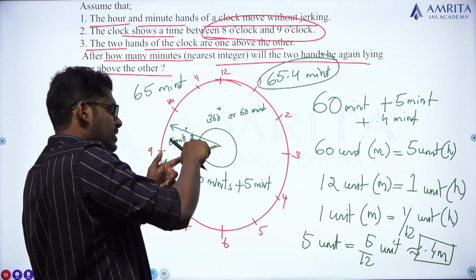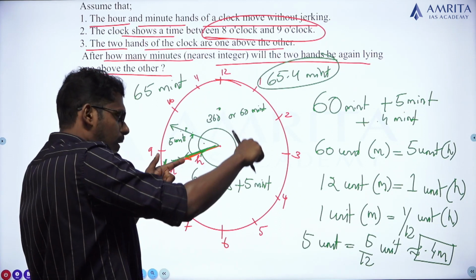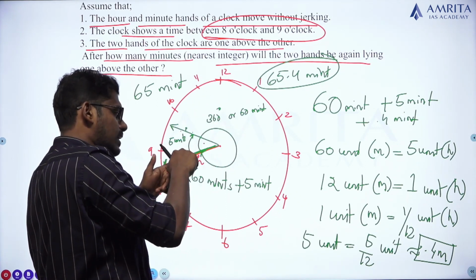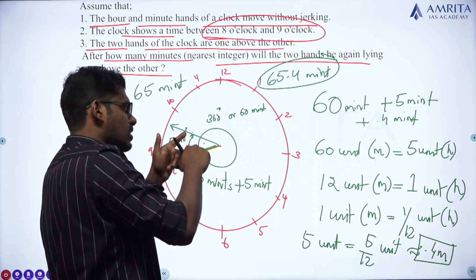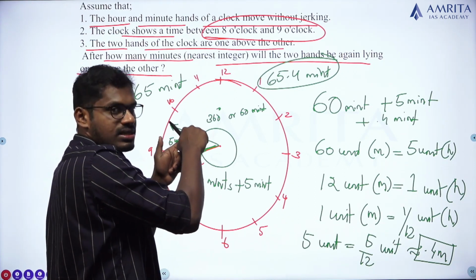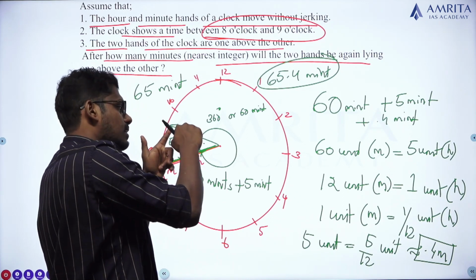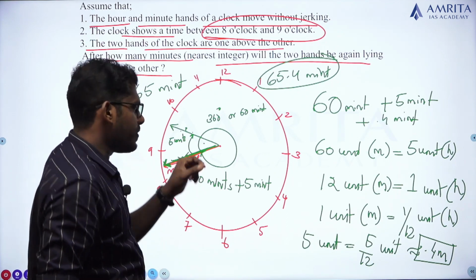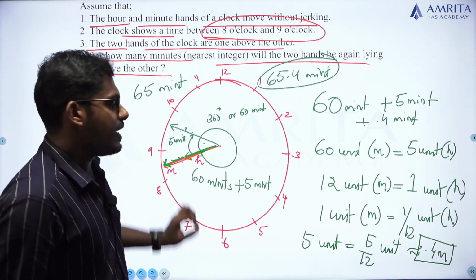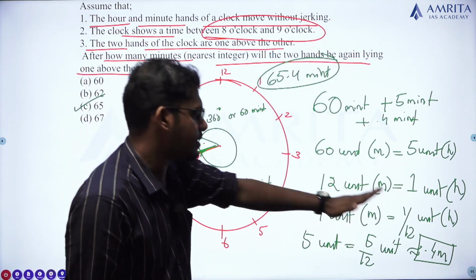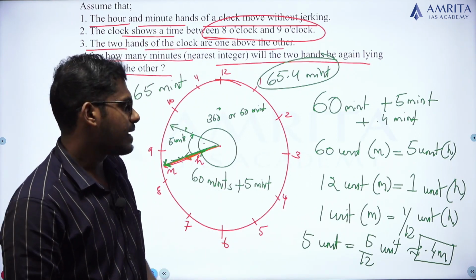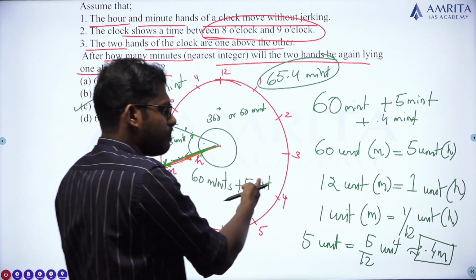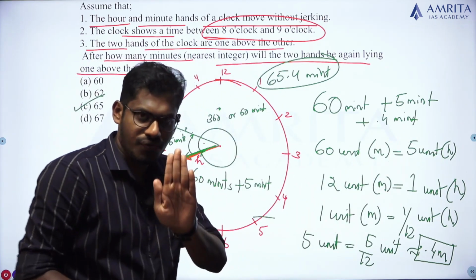So initially the minute hand made a complete revolution of 60 minutes, then moves 5 more units so as to reach the hour hand. But during that time the hour hand also moves a little bit towards the right. Clear? So we have to find that time also. In order to find that time, we rely on this basic idea that when the minute hand takes 60 units or a complete revolution, the hour hand moves 5 units.